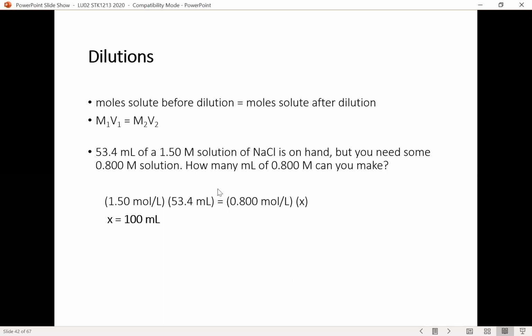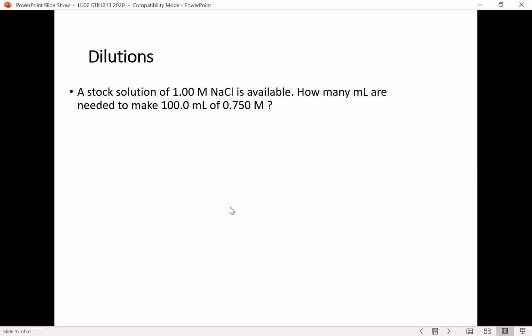Now we need to find V2. So we use M1V1 equals M2V2. So V2 here is 100 ml. Alright, so you can use the same concept to answer this question.